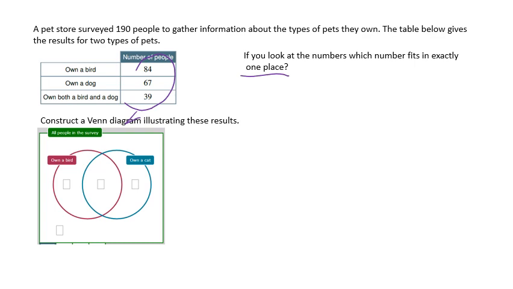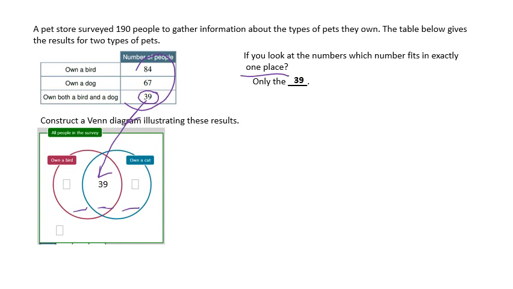The bird number breaks up into two regions. The dog number breaks up into two regions, so we can't work with them. But there's only one number that we know where it goes. If you own a bird and a dog, you're right there, the 39.